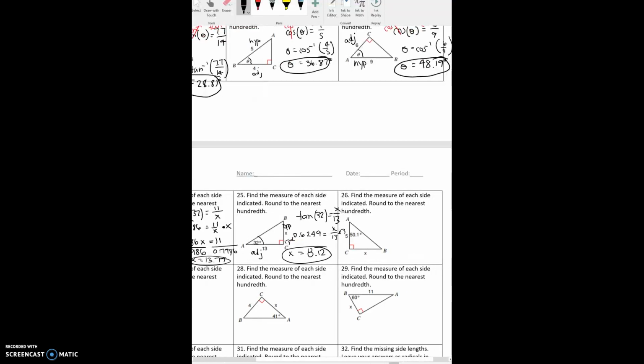26. Find the measure of each side indicated, round to the nearest hundredth. Here's my angle. We are given the opposite and adjacent. So we're using tangent of 50.1 is equal to the opposite divided by adjacent.